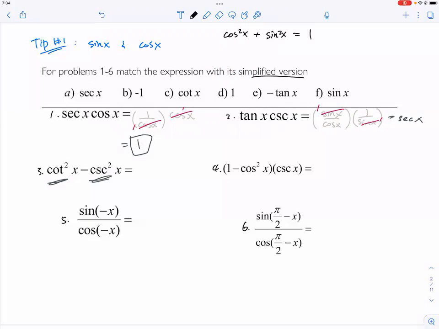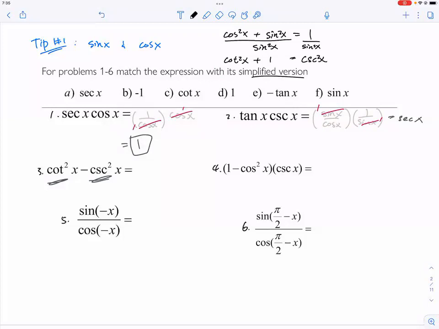And with cotangent, I'm going to divide both sides by sine square x, so that I can also get cosecant on the other side. So that one would be cotangent square x plus 1 equals cosecant square x.